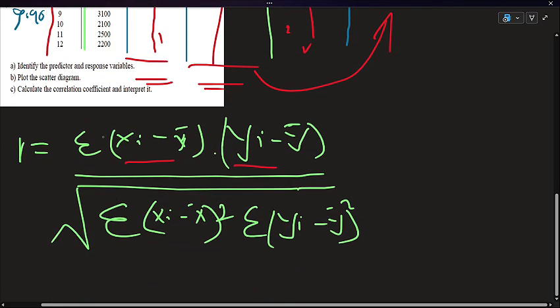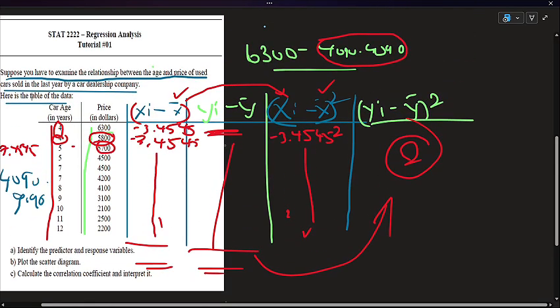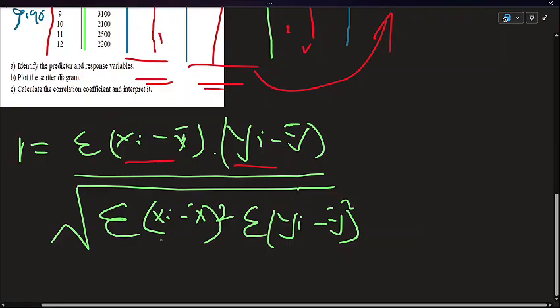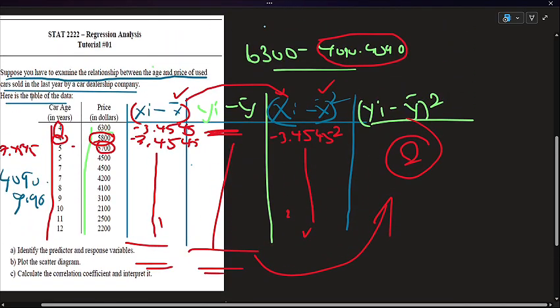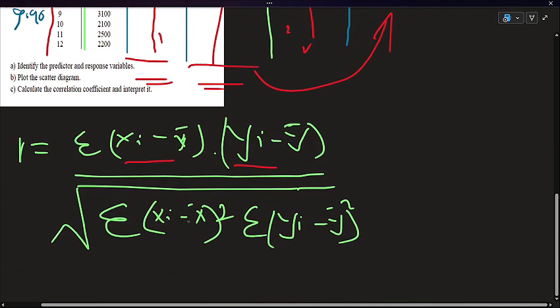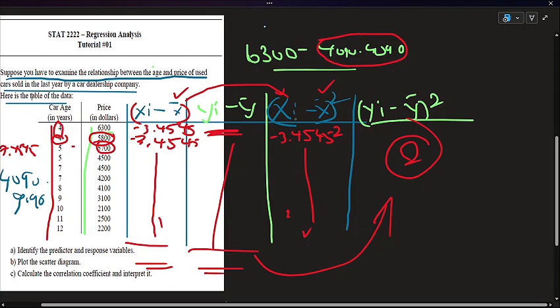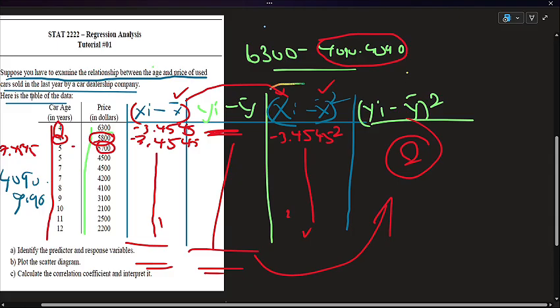I think I forgot to tell you, we have a square root here, this one is a square root and this one is a square root. So after the square root of these values, see, xi minus x bar squared.